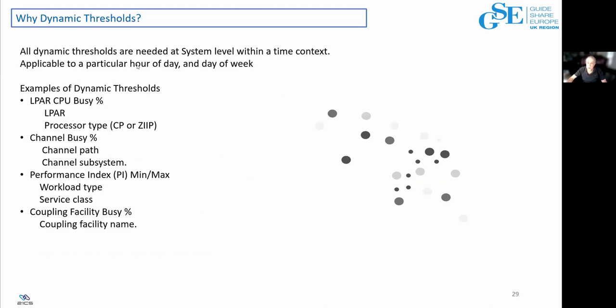In terms of dynamic alerts, these are examples of some dynamic thresholds and some cases where a dynamic threshold is extremely useful. If you're doing data sharing, this would be a great coupling facility alert from a dynamic threshold to flag a CF that's causing issues.